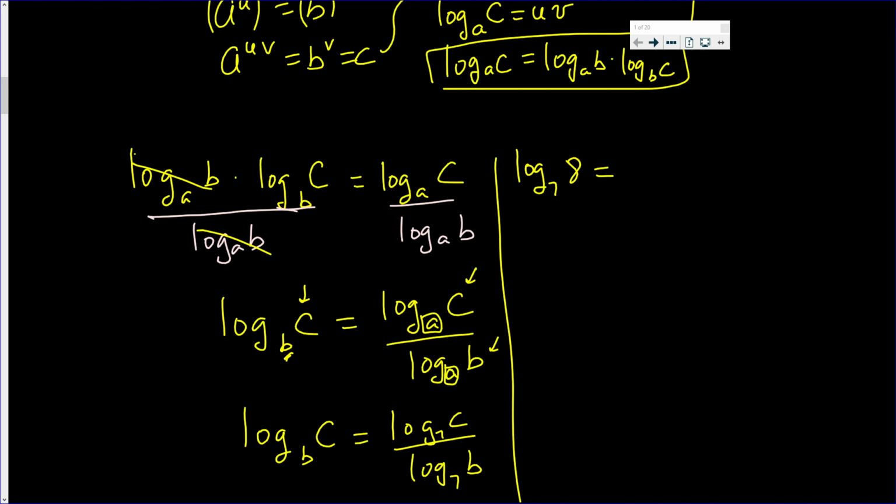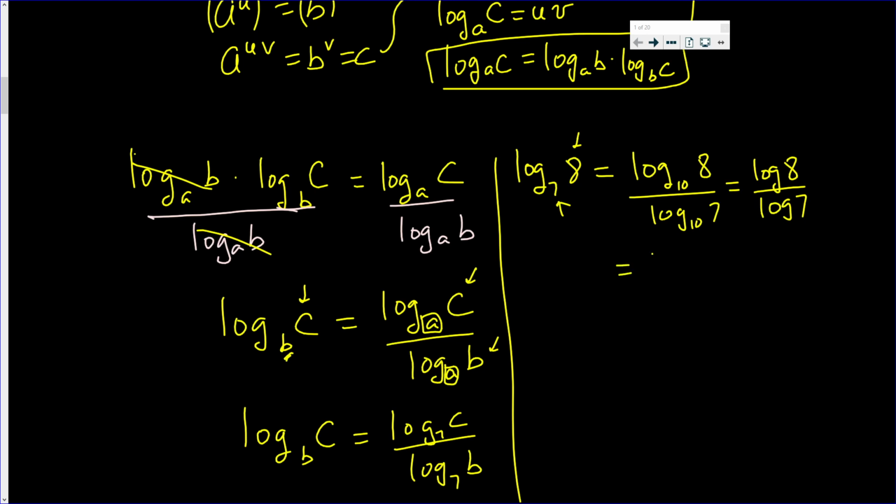So what you can do is, as long as you do log 8, because that's their top number, over log 7, that's the bottom number, you can pick any base you want, but they have to be the same. Say I pick 10. This is log 8 over log 7.